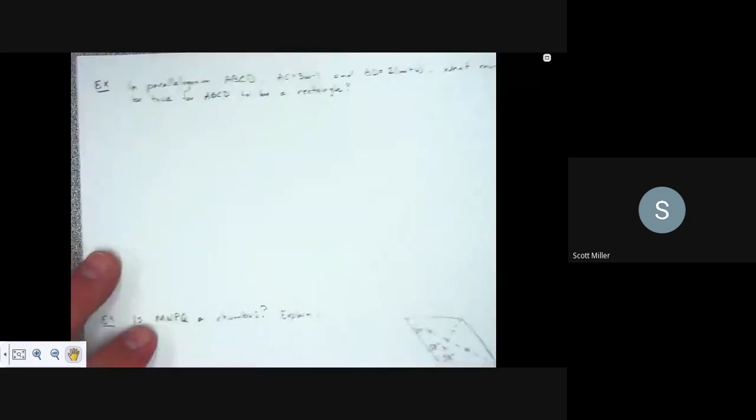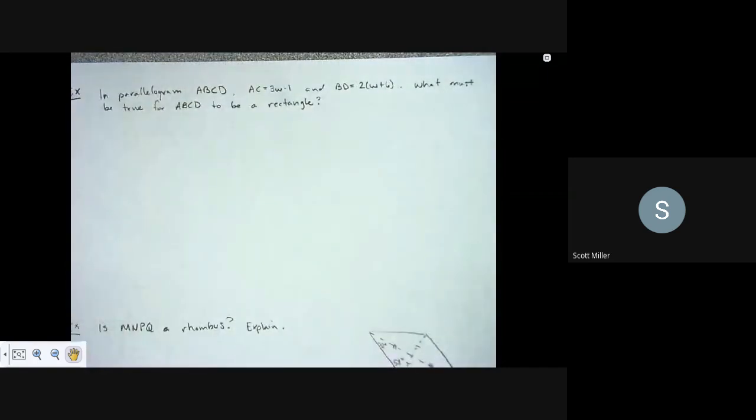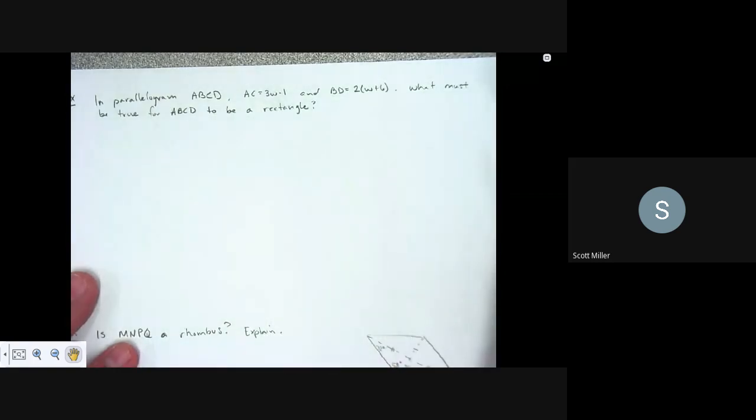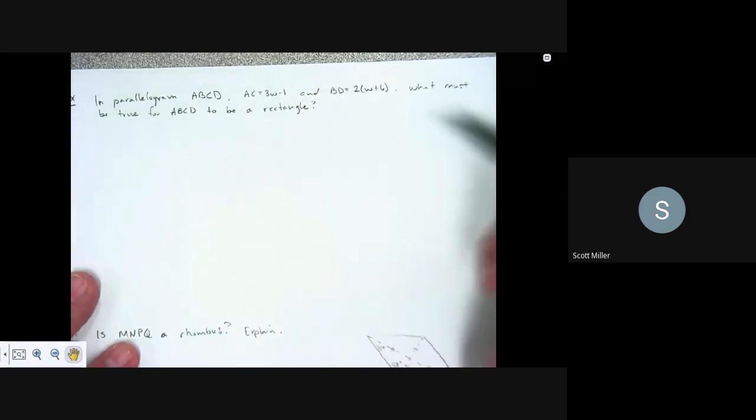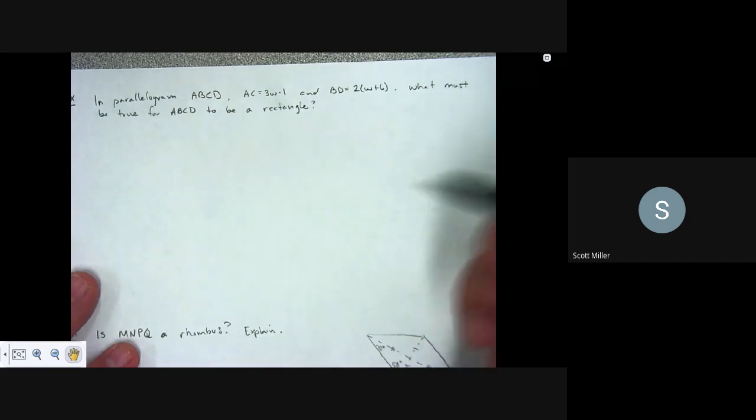Let's look at a couple more examples of things I can do. So again, parallelogram ABCD. I gave you some expressions for each of these two things. And what must be true about this parallelogram to be a rectangle? Well, let's draw it.